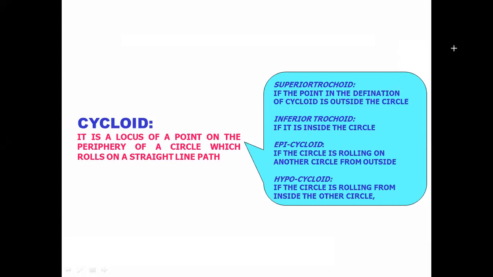At that time you should not get confused. Superior trochoid means base circle plus 10 mm offset. And if it is told an inferior trochoid with 10 mm offset, it means base circle minus 10 mm, there your point will be. It's nothing that significant. The procedure is going to remain the same.